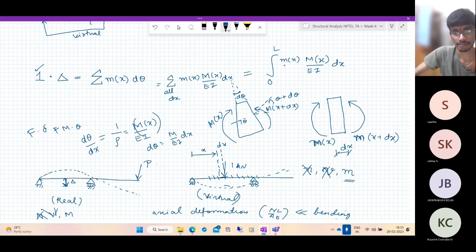Then what is the step? You find the real bending moment diagram, divide it by EI to get the real curvature diagram. Now what is the work done by the virtual internal forces on the real displacements? It is the virtual bending moment acting on the real rotations. So integrated over the entire beam, you will get your answer.